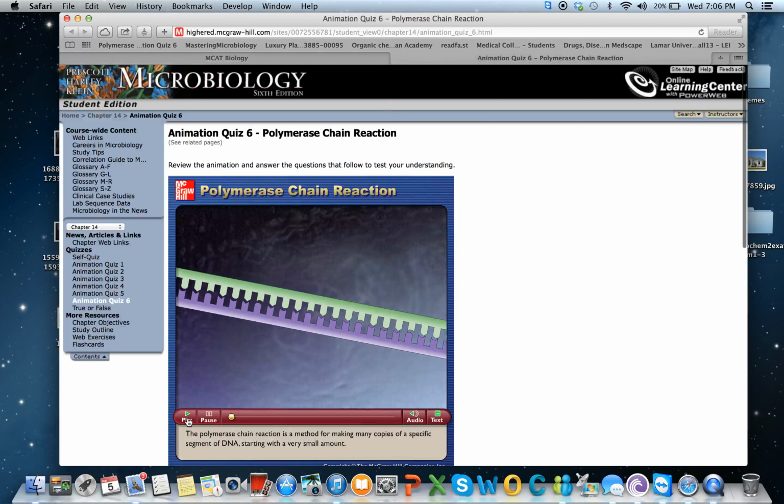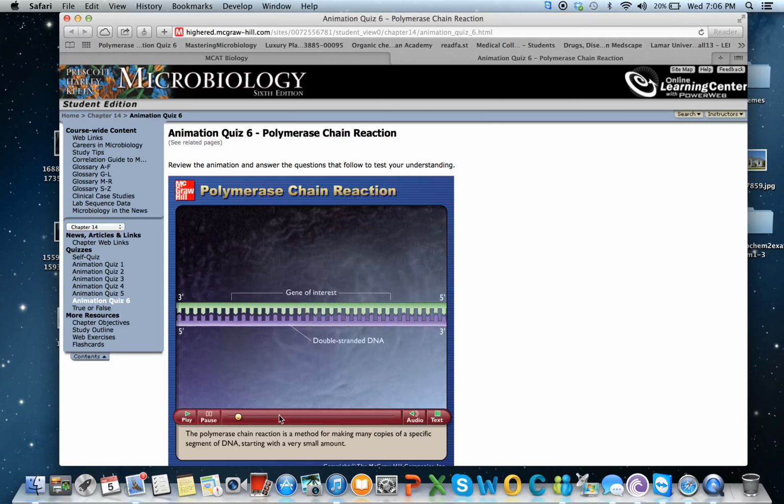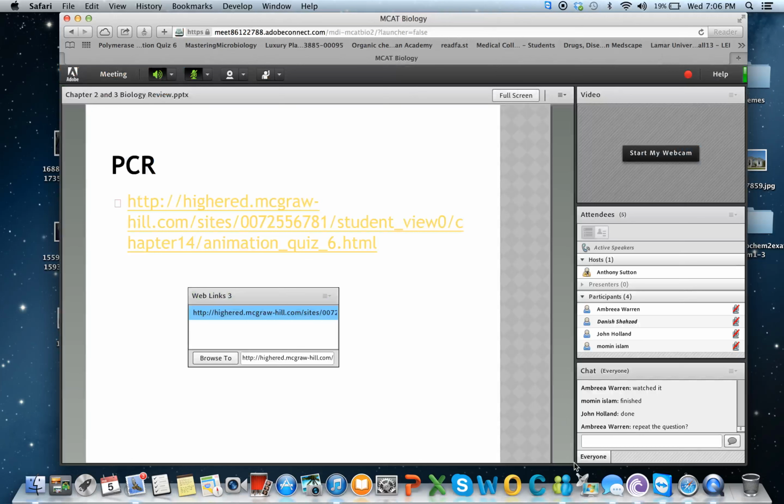The polymerase chain reaction is a method for making many copies of a specific segment of DNA, starting with a very small amount. This technique can be used to identify specific microorganisms from a small amount of DNA. What is the advantage of PCR?